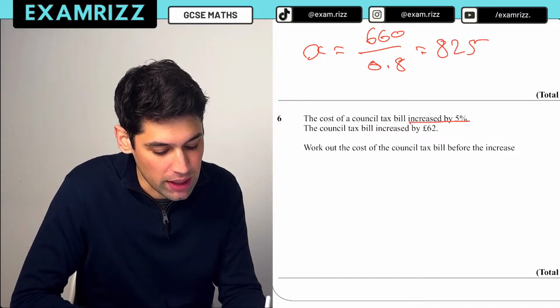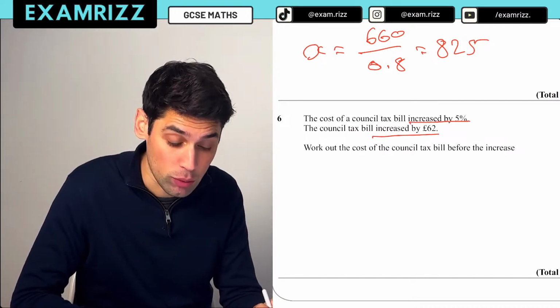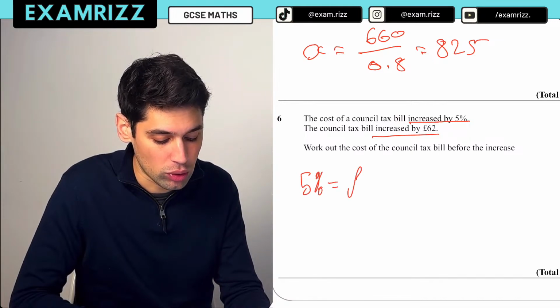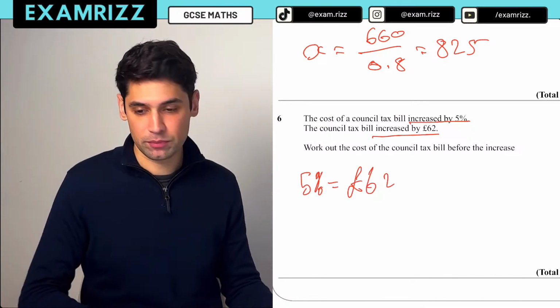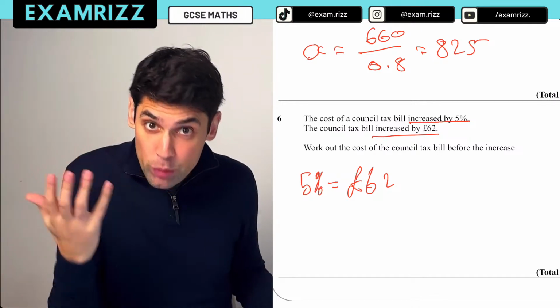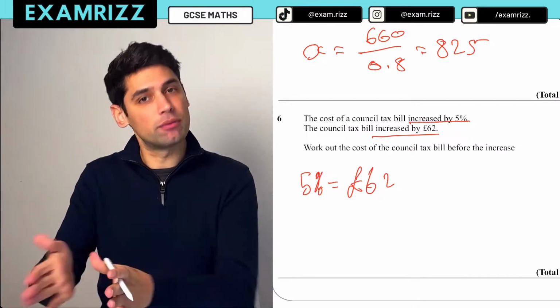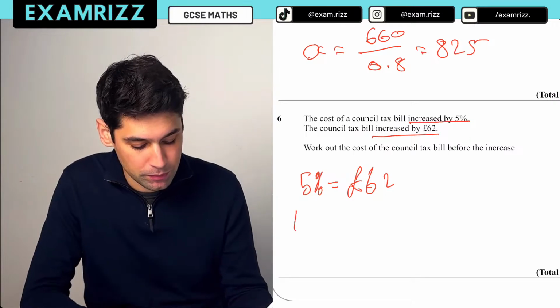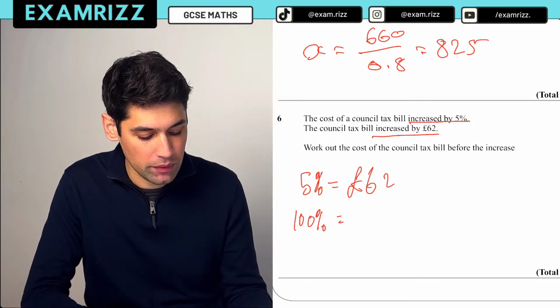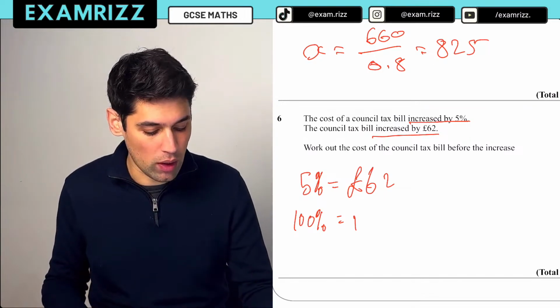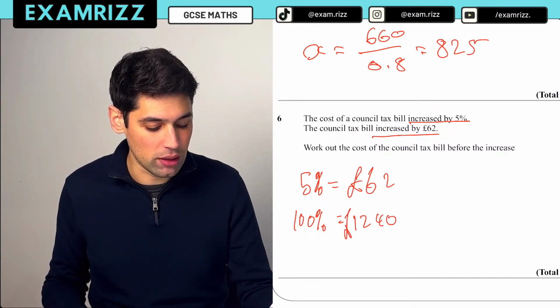Increased by 5%, increased by £62. That means 5% is equal to £62. We want to find 100%. 100% is the original amount. So we can times both sides by 20 because 5 goes into 100 20 times. So 100% equals 62 times 20, which is £1,240.